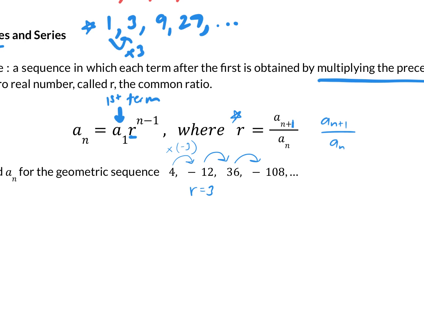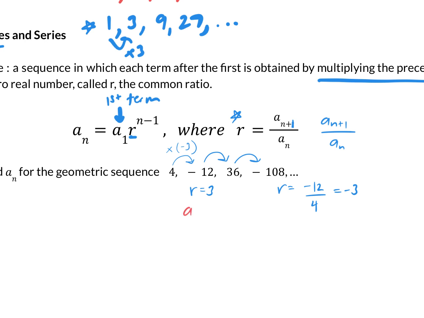So if I was using my formula for this geometric sequence to figure out my ratio, I would take any term like negative 12, for example, and divide by the previous term of 4, which gives me that negative 3. When these numbers are nice and easy to see what's being multiplied, it's okay for us to just figure out the ratio that way. But there might be some that have decimals on your homework that you might need to use this formula for.